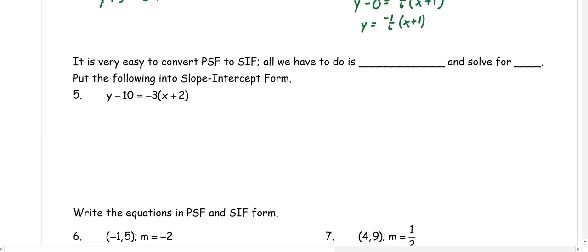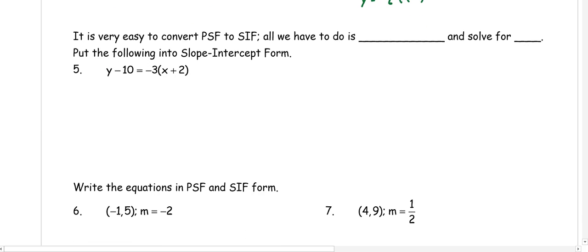Now we're going to talk about how to move from point-slope form to slope-intercept form, which is the one we've seen more. What we do is distribute into our parentheses, and then solve for y. So let's practice. This equation's already in point-slope form: y minus 10 equals -3 times x plus 2.